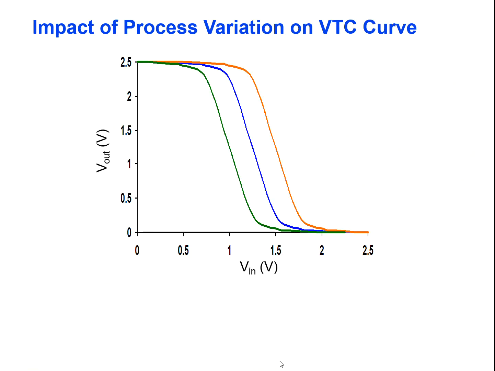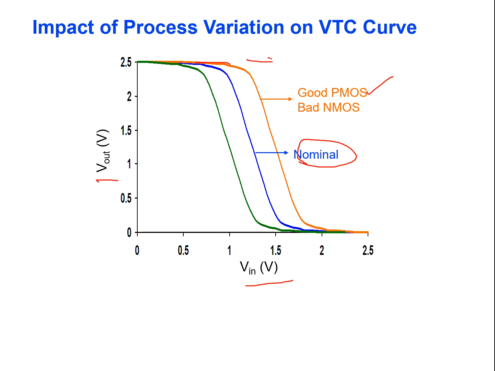Then next is the impact of process variation on the VTC curve. On observing the impact of process variation, we are plotting the voltage transfer characteristics curve, output voltage versus input voltage. The nominal representation of the curve would be like this. If there exists a good PMOS and bad NMOS, for good PMOS you are getting a high value of VDD, which is why your curve shifts to the right, above the nominal level.